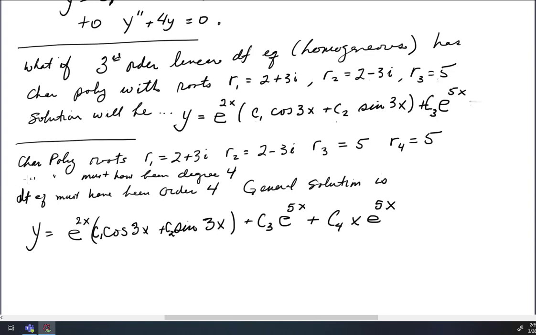So if a characteristic polynomial has these 4 roots, then this is what the general solution would look like. And you can extrapolate from there and figure out what other solutions would look like.